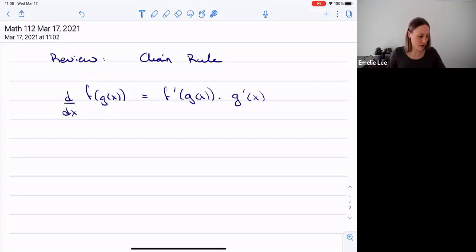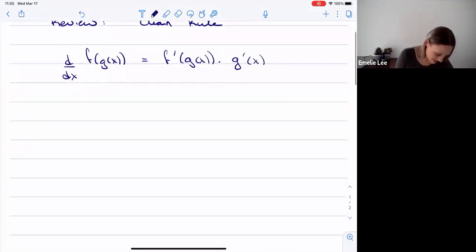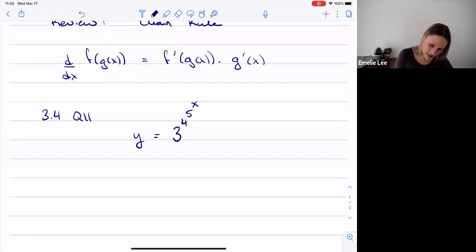But once you have a handle on that chain rule, yeah, like I said, I don't know why I had such a hard time, but for assignment 3.4, question 11, we're given y equals 3 to the power of 4 to the power of 5 to the power of x.